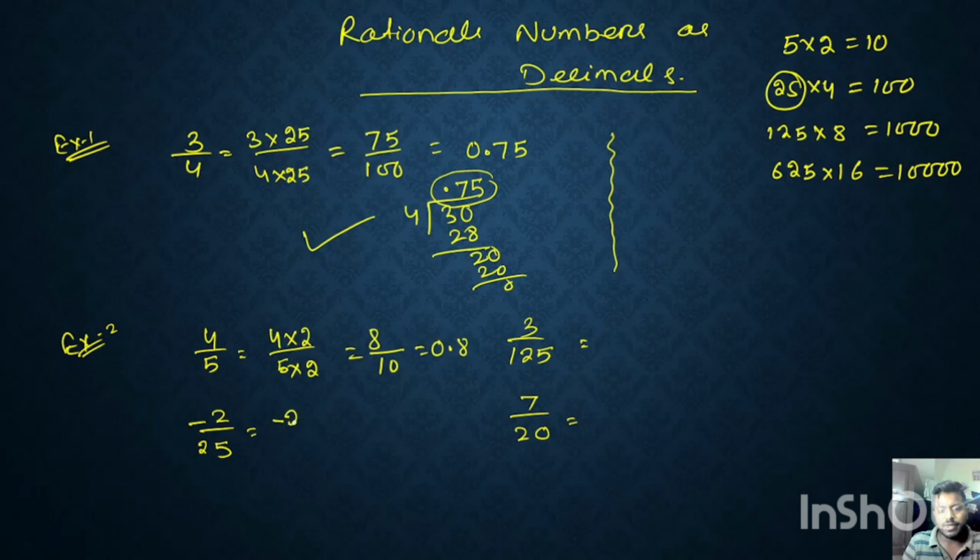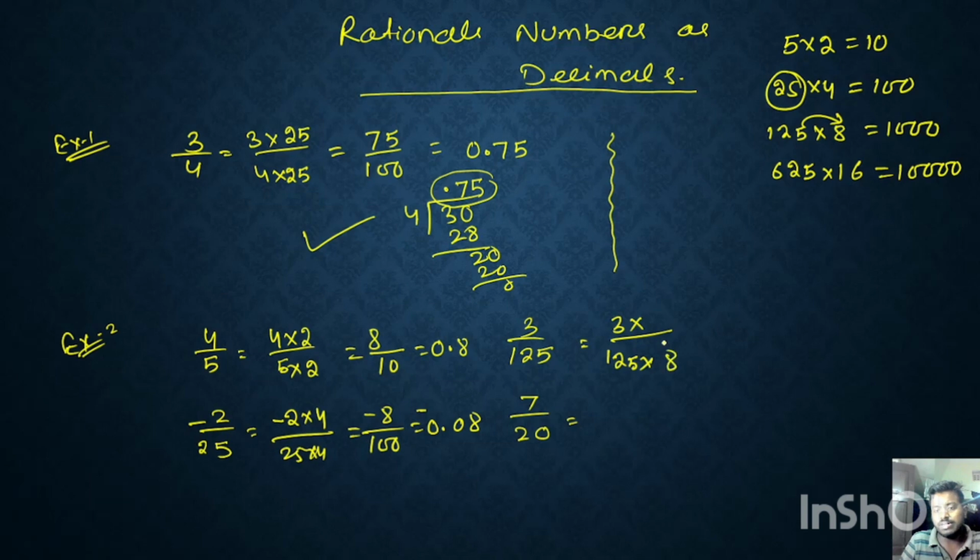We write minus 2 into 4 and 25 into 4, because 25 times 4 is 100. So minus 8, the answer is minus 0.08.